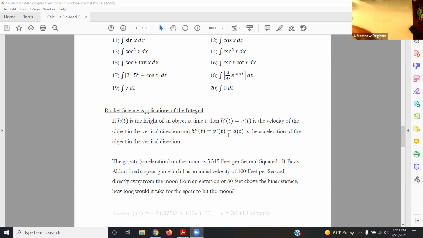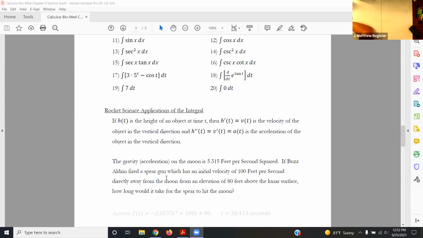An acceleration we can often think of in terms of gravity. And so looking at this problem, it says the gravity or acceleration on the moon is 5.315 feet per second squared. And that would be pointed down, so really it should be a negative 5.315.